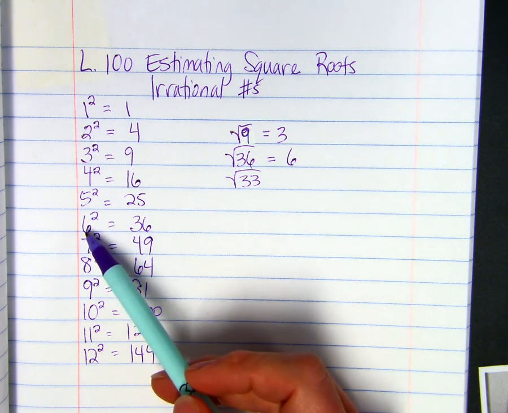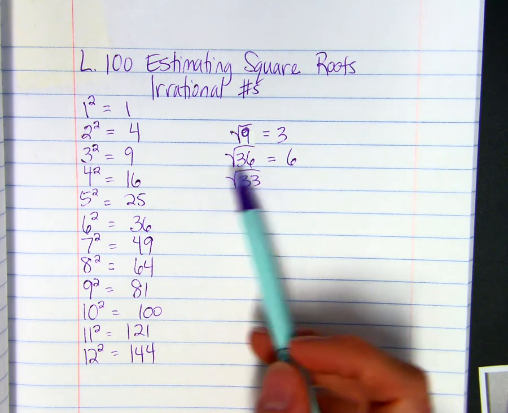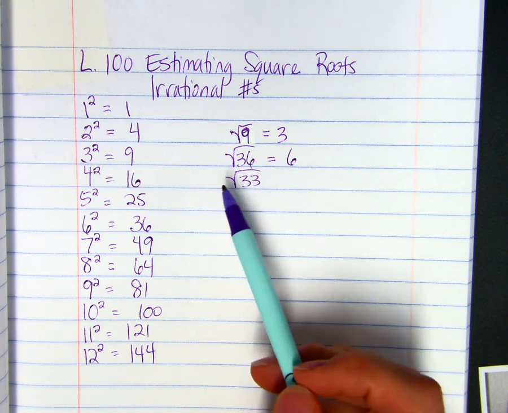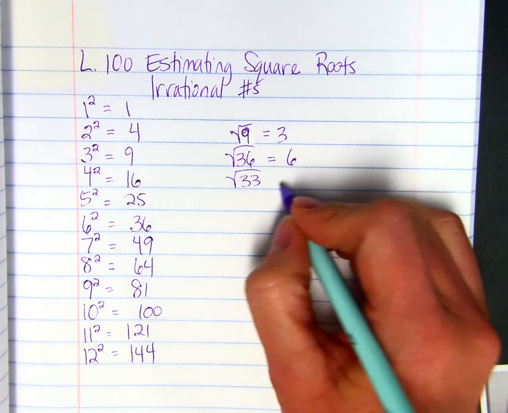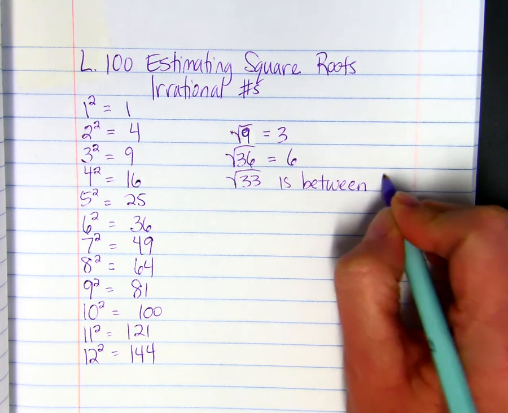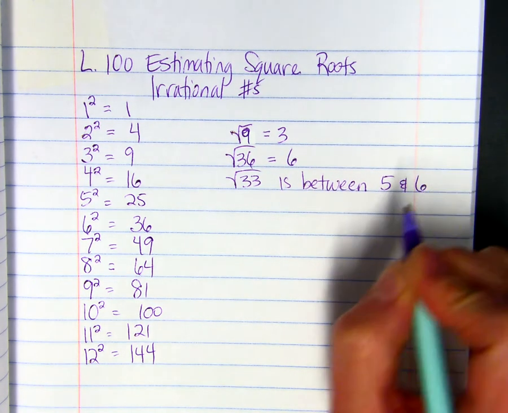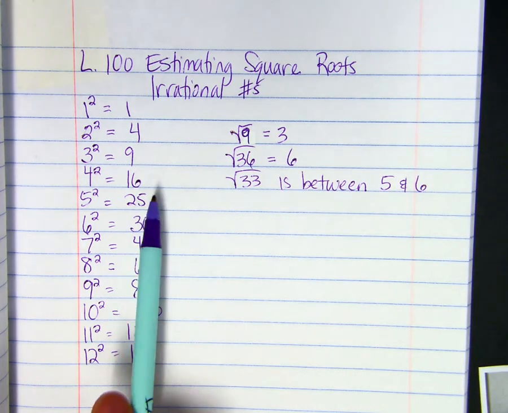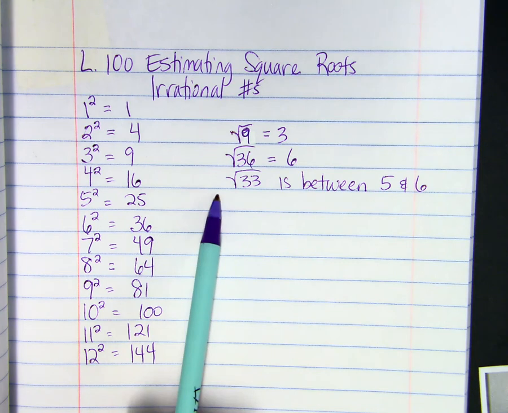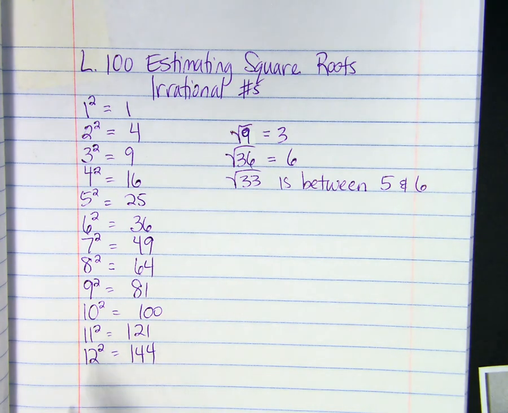Not exactly. So these numbers are not going to be a decimal number that we can write, okay? But it will be between 5 and 6. Because the square root of 25 is 5, the square root of 36 is 6. So the square root of 33 will be between 5 and 6.